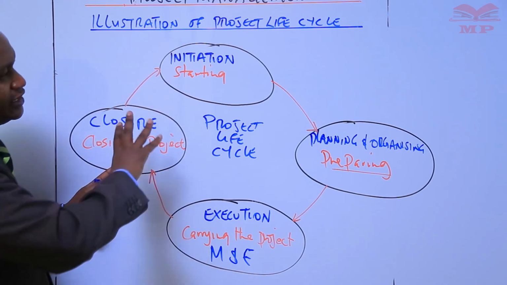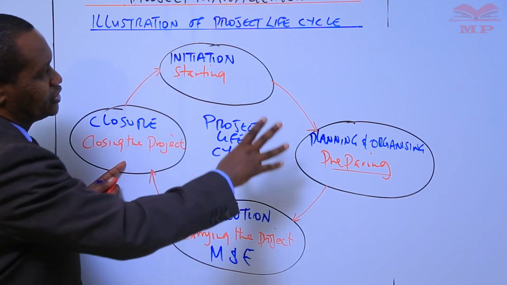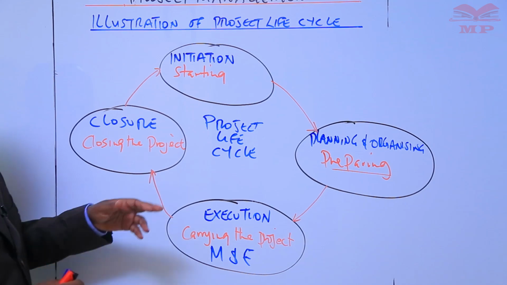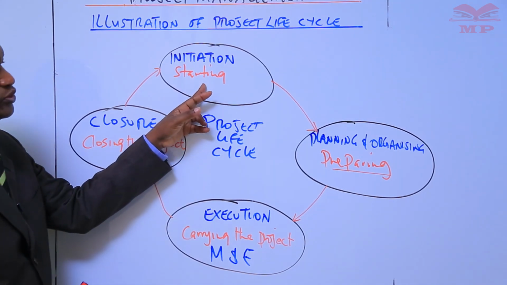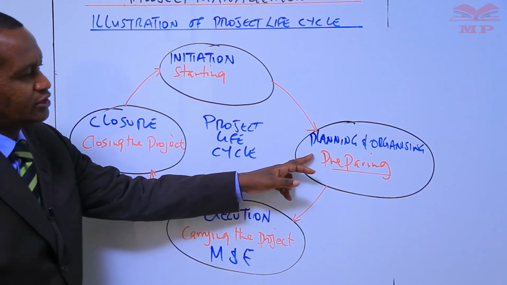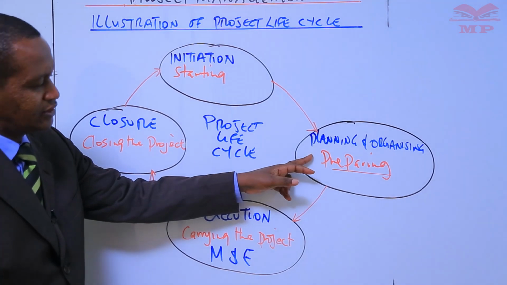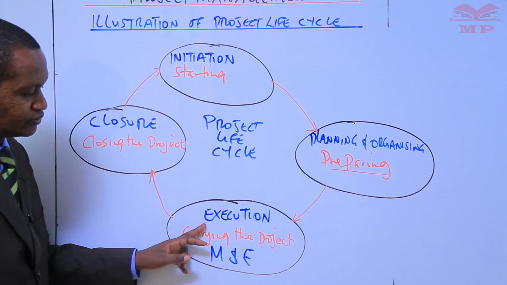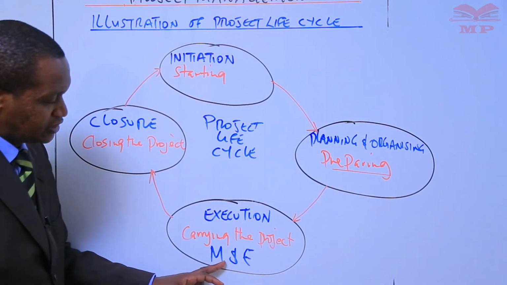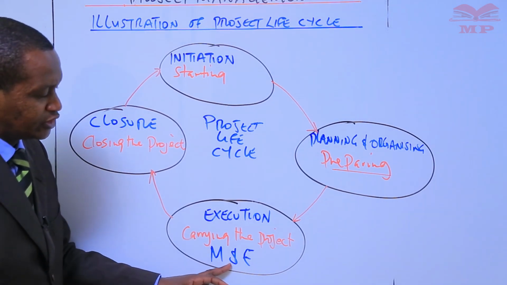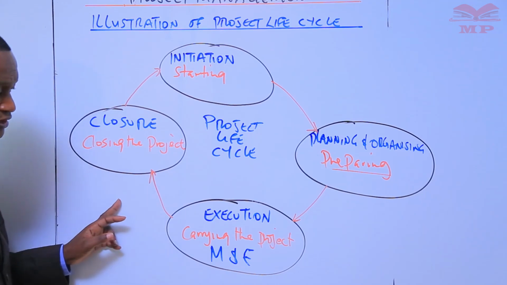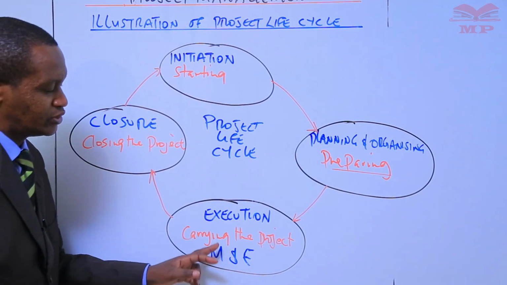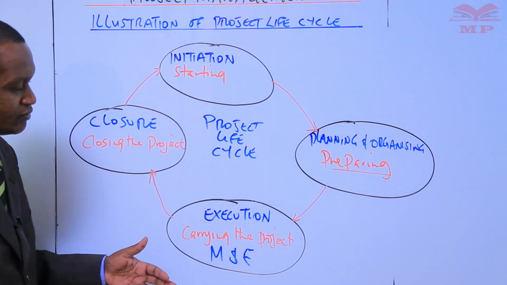So candidates, these are the stages in the project life cycle. We have the project initiation, project planning and organizing, project execution. In some books you will find project monitoring and evaluation separately, though the two can be carried out at the same time.